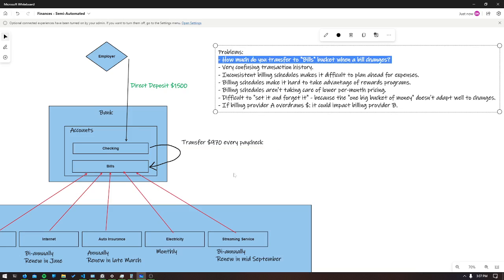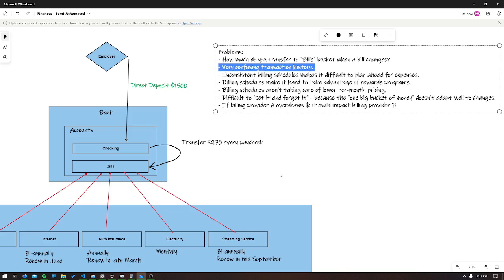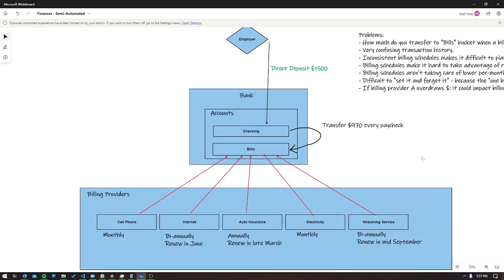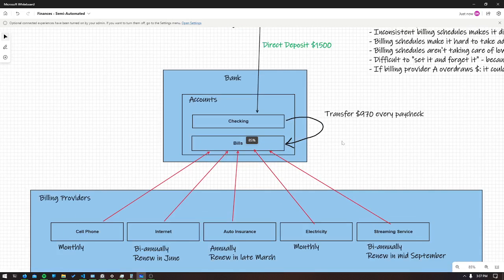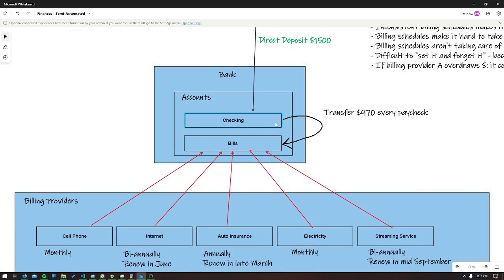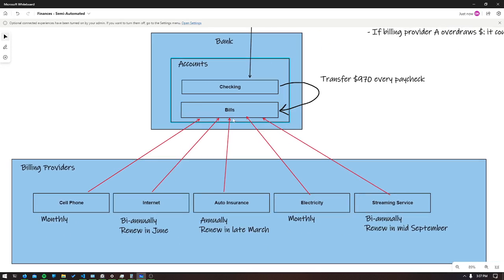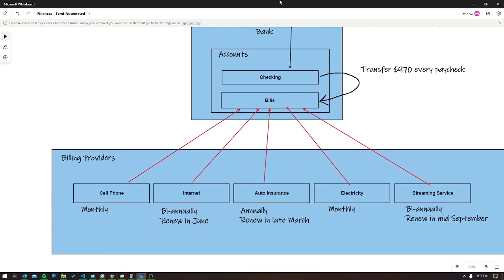Next problem here, you're going to have a confusing transaction history, because every time you transfer your billing money over here, the only thing that's going to show up in your bank accounts is, all right, there was a $970 transfer from checking to bills. And then on a month-to-month basis, your cell phone bill is going to be taken out of here. There's going to be some money that goes out for the cell phone, some for electricity.